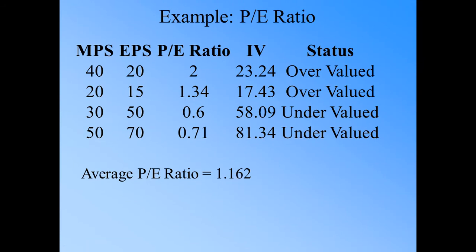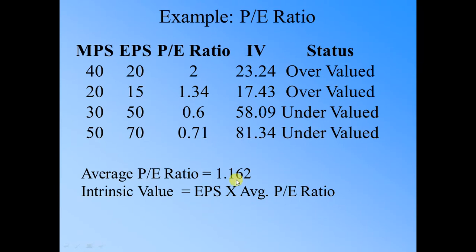Once you have calculated this, you are supposed to find out the intrinsic value. Intrinsic value means the worth of the share while using the price to earning ratio method. You calculate the earning per share of each firm multiplied by the average price to earning ratio.